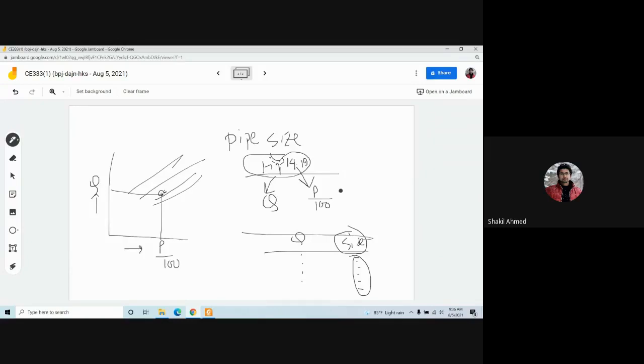That's it. So whatever we have done, to calculate pipe sizing you need to use figure 1419. And to use figure 1419, you need to know Q, and you need to know pressure drop per 100 feet length of pipe. So you calculate Q, demand in each floor, and you know this. So you use this figure and you calculate the pipe sizing for different demand.